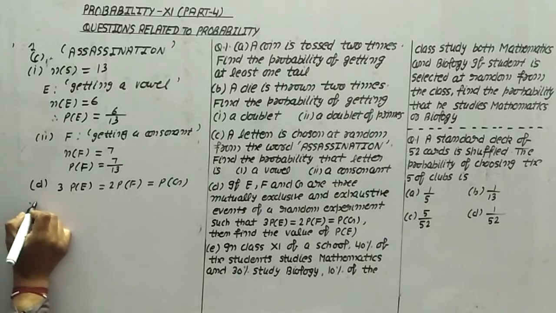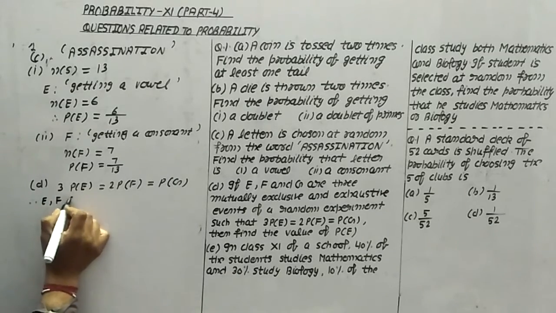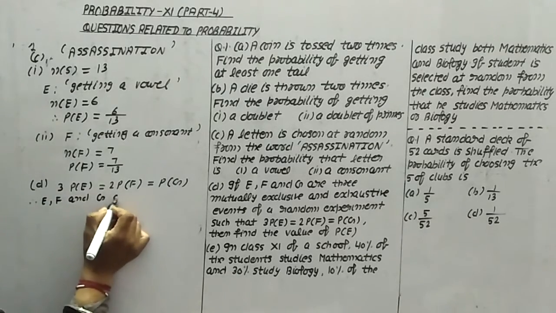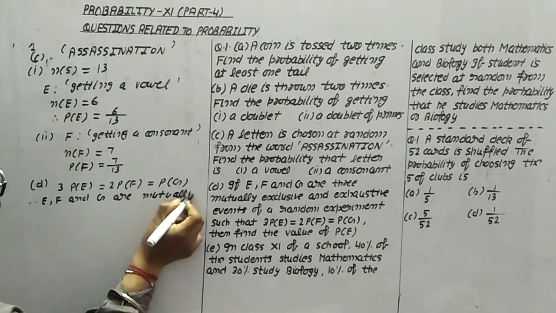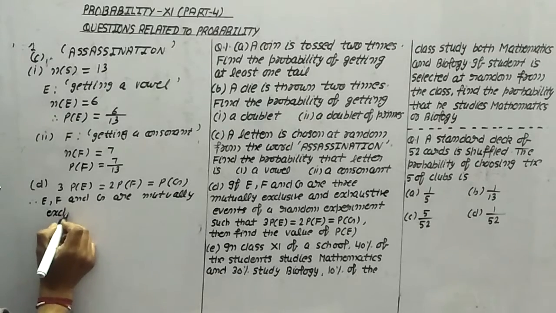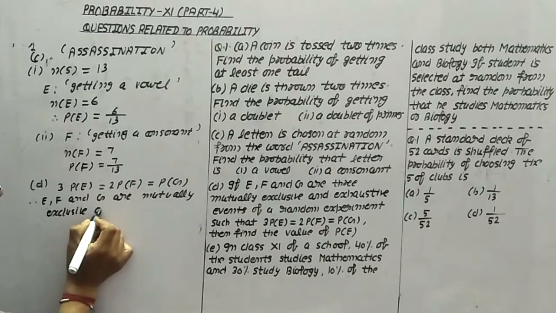Now because E, F and G are mutually exclusive, it is given that these events are mutually exclusive and exhaustive events.